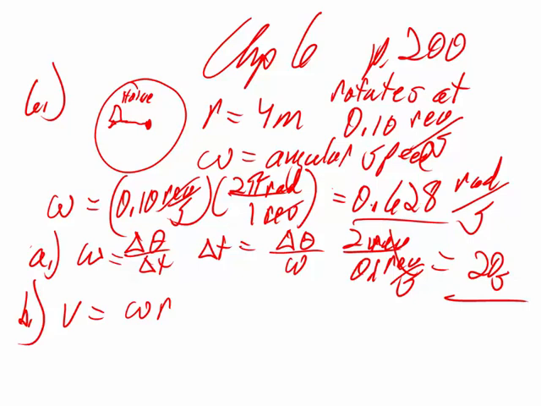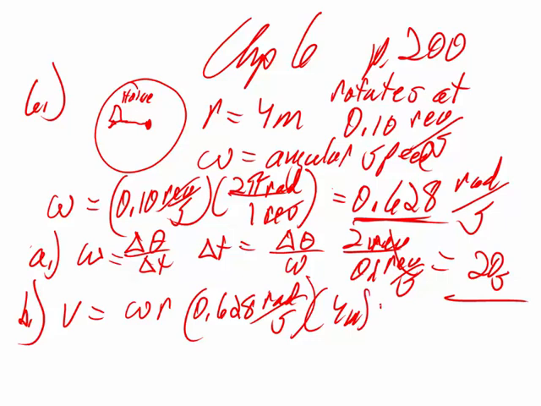Now remember, we've already found omega right here. So 0.628 radians per second times the radius, which was 4 meters. We get 0.628 times 4, which is 2.51 meters per second.